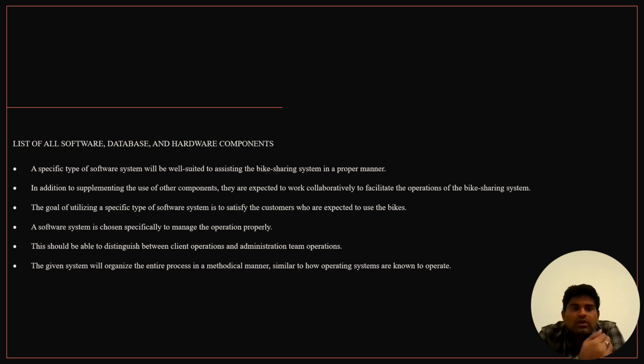The goal of utilizing a specific type of software system is to satisfy the customers who are expected to use the bikes. So the software system is chosen specially to manage the operations properly.